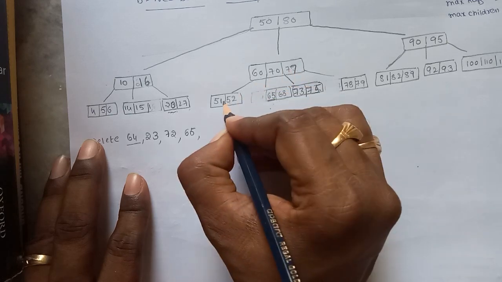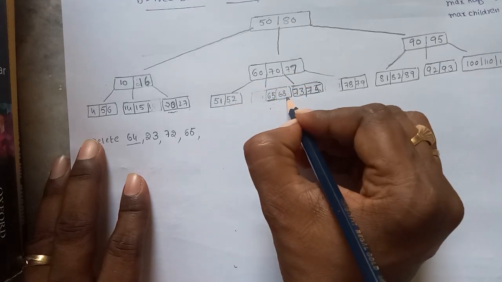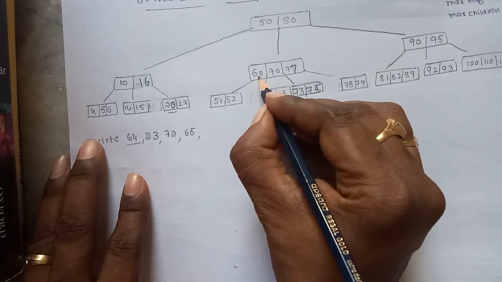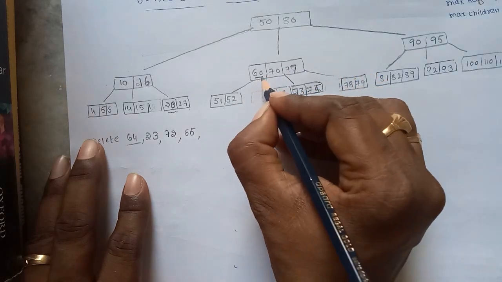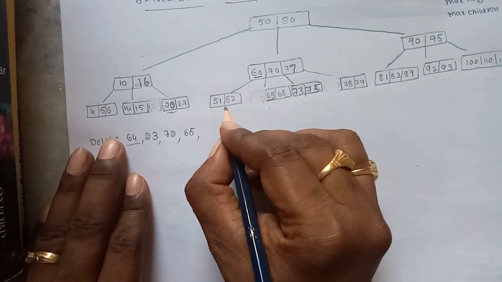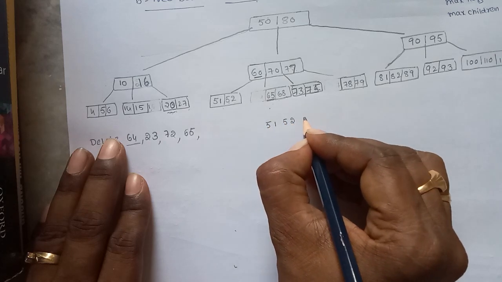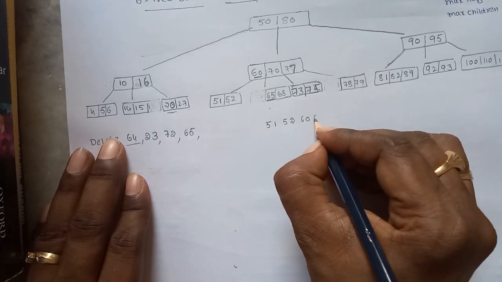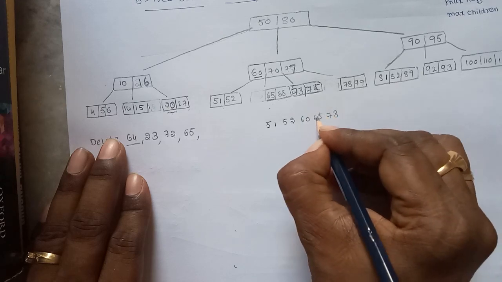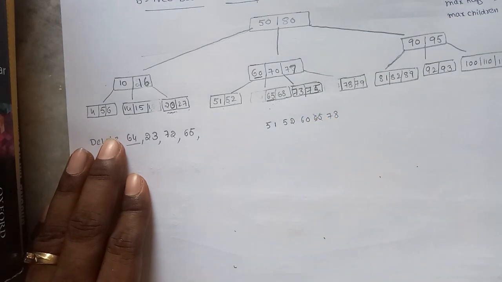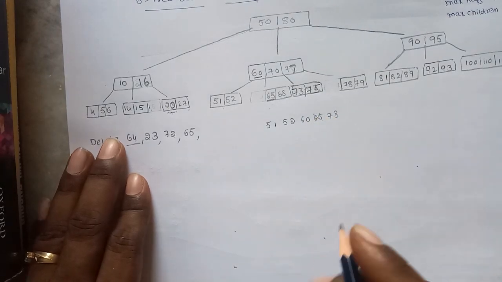So which parent? 51, 52, 65, 68. For this, the parent is 60. That means that node becomes 51, 52, 60, 65, 78, and 65 is removed. And simply we are removing 65.